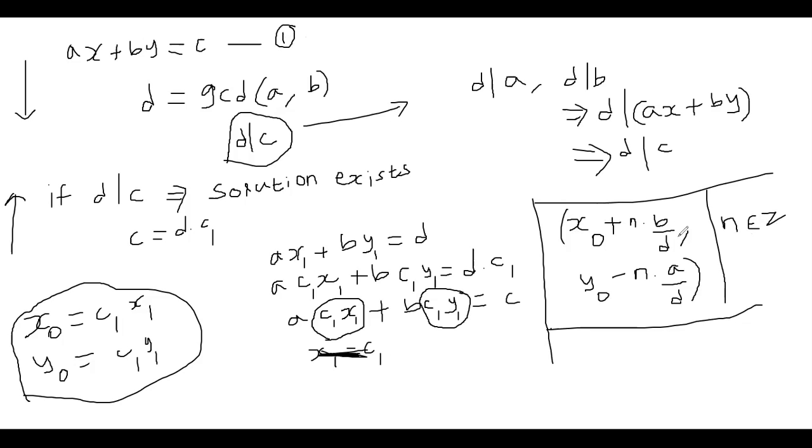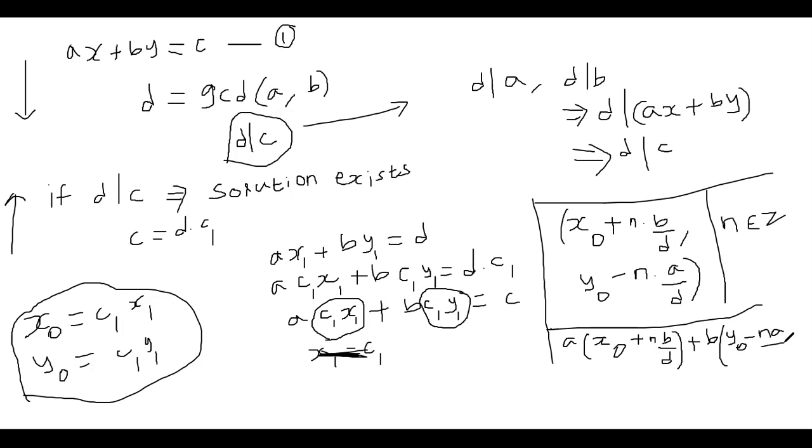So why is this a solution? We can go and substitute this in equation 1, and we see both sides cancel out easily and we get c on the right hand side. So take a multiplied with x0 plus n into b by d, right? So you have ax0 plus a b n by d, that's the meaning. And you have plus b times y0 minus n a by d. The minus is useful because that's where you will cancel out the common terms.